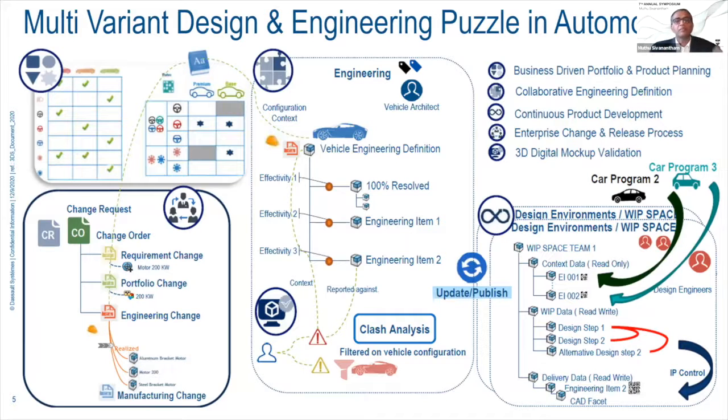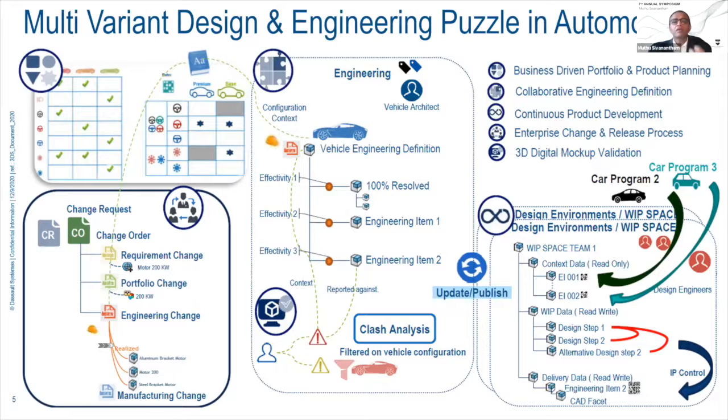So there's an engineering bill of material to which there's a manufacturing bill of material as a counterpart. As you can see, the requirements, the functional representation, the logical representation, which is the configuration of your vehicle, and the physical representation in the lower right-hand corner, where the CAD and designs are built, all sit in the same data structure.